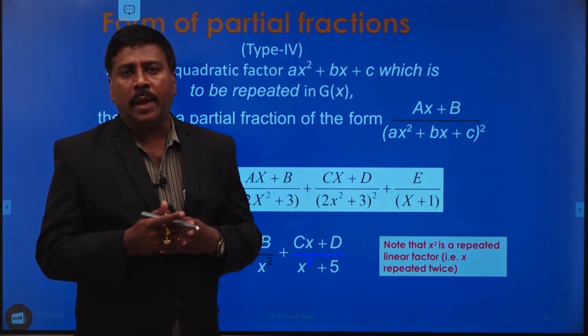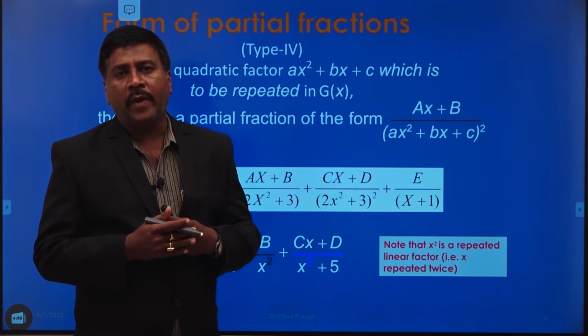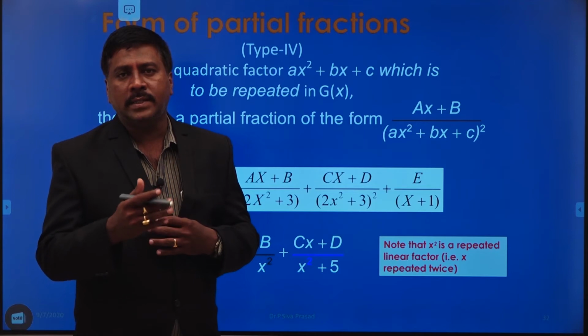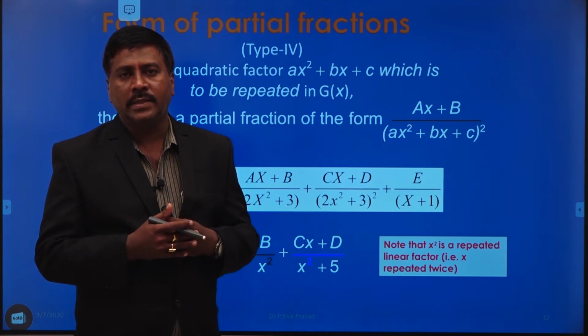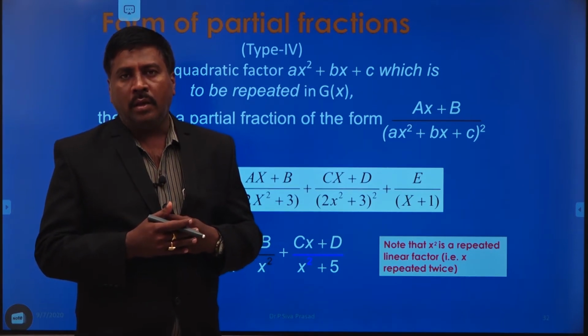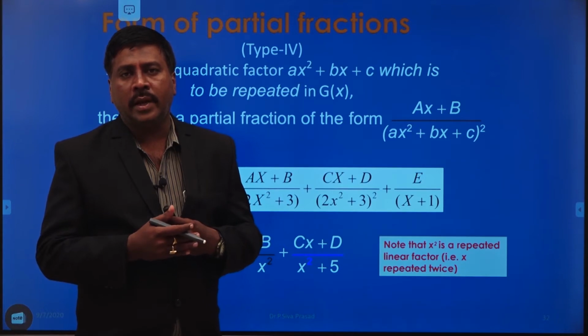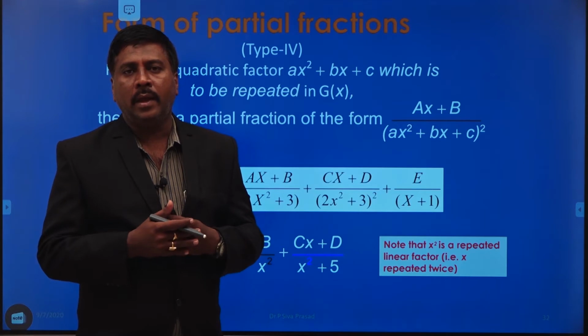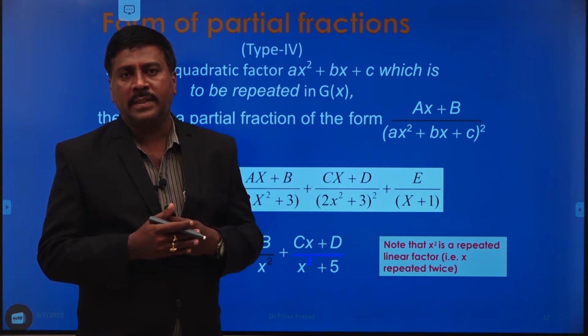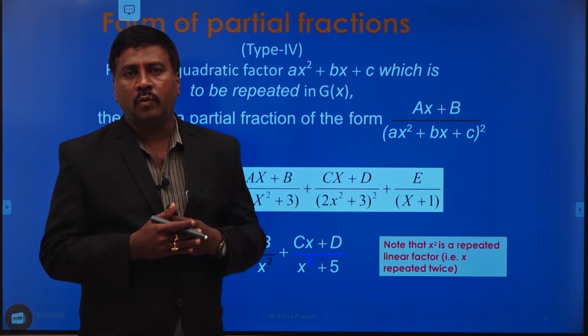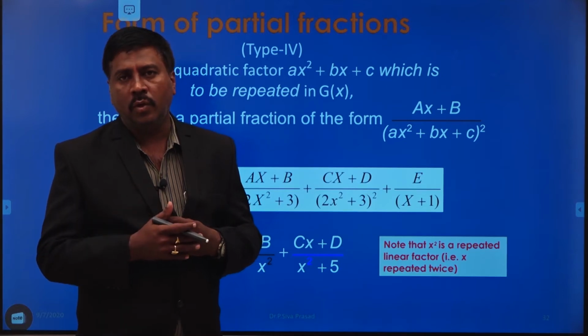Whereas in type 2, if the linear factors are repeated twice, thrice or 4 times, then we consider the partial fraction as A by ax plus b plus B by ax plus b whole square plus C by ax plus b whole cube. Likewise, we extend up to the nth term.